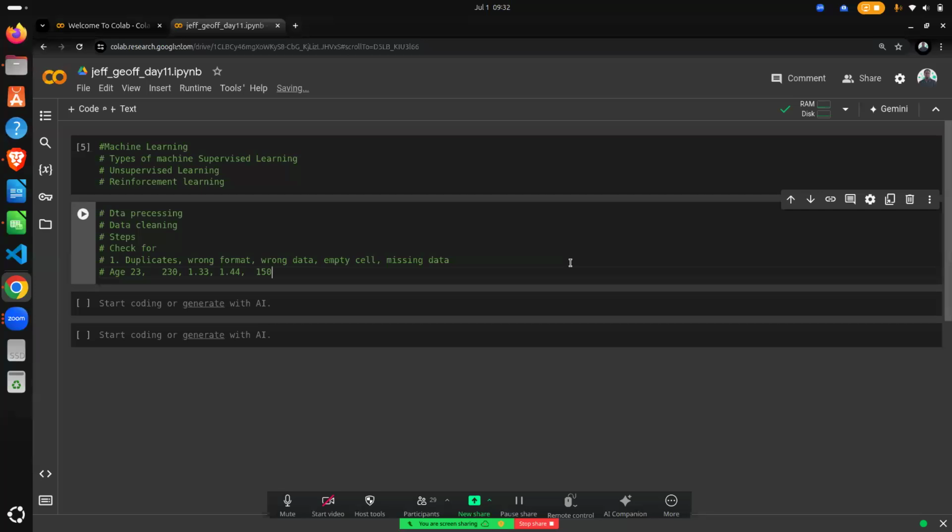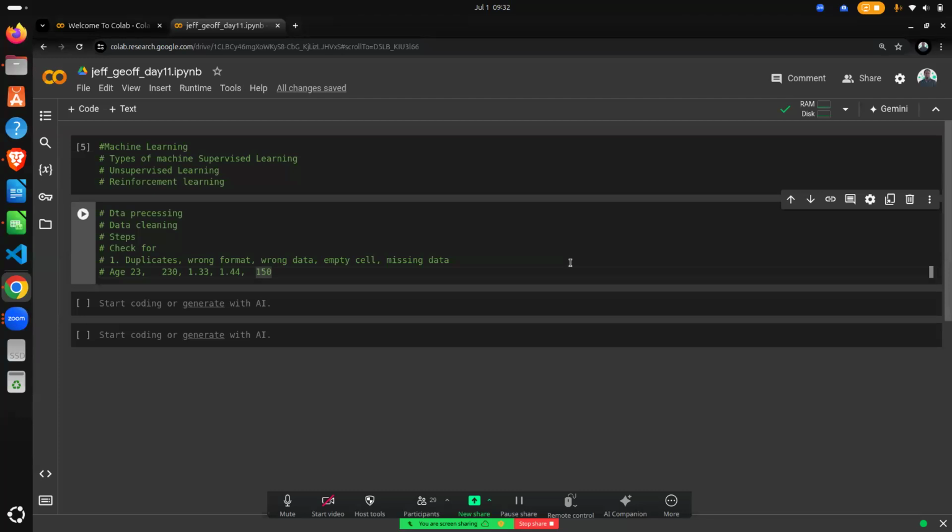Now, what do you do? What comes into your mind if the entire column has floating points, and then you find an integer value? This should be a typo, right? Now, how do you deal with that?